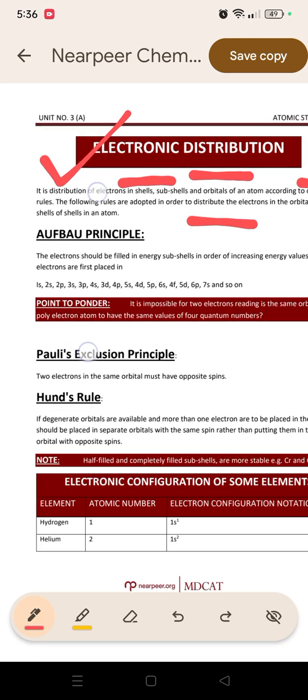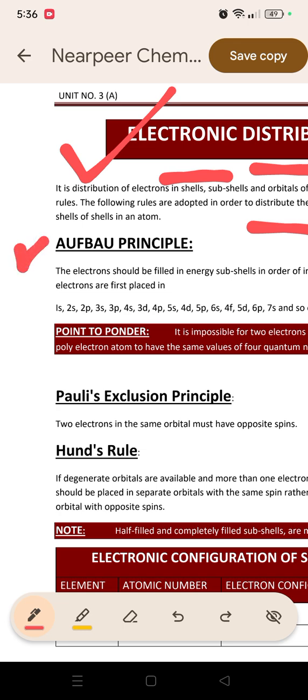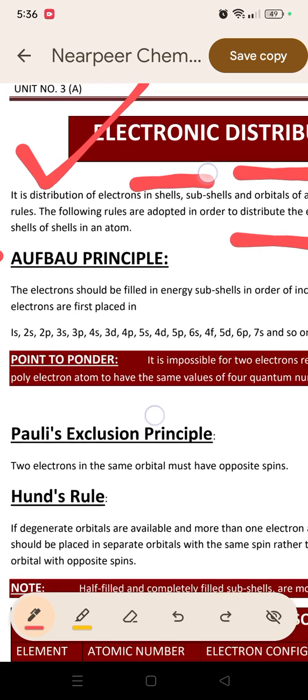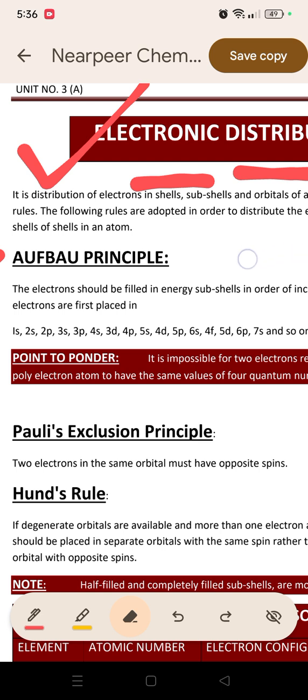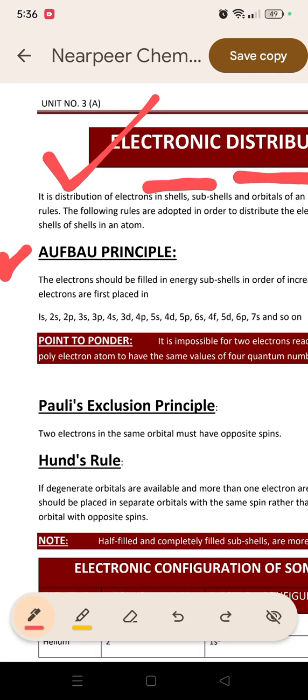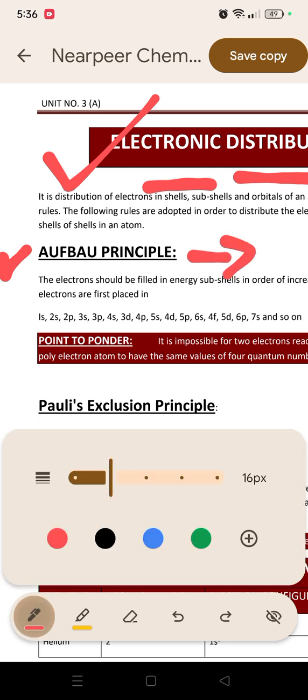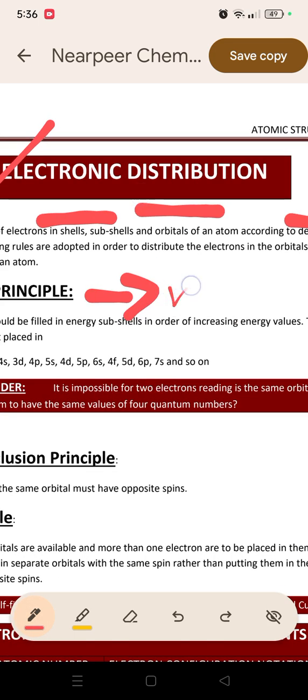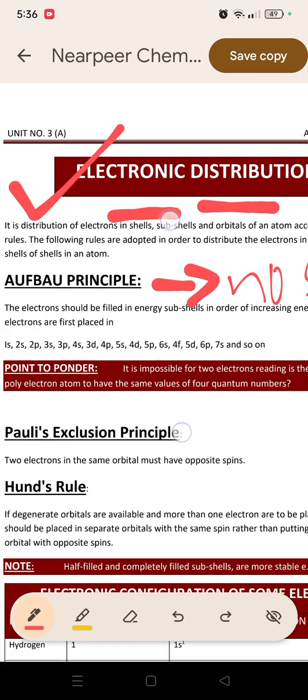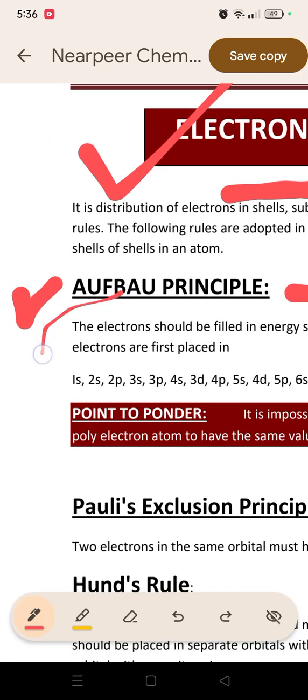So the first one is Aufbau's principle. Usually you would have seen that a lot of principles are named after scientists, but this is the one principle which is not named after a scientist. Aufbau is a German word, by the way, which means building up.